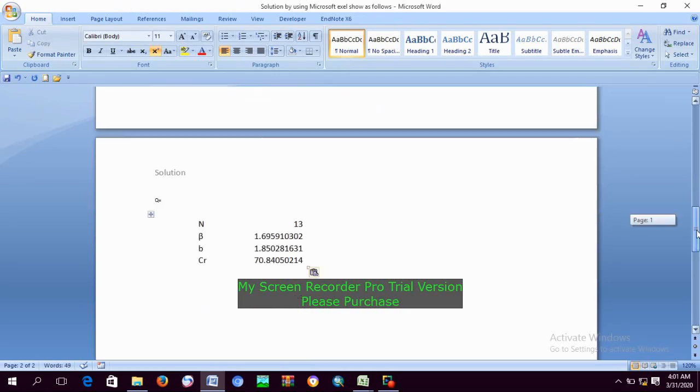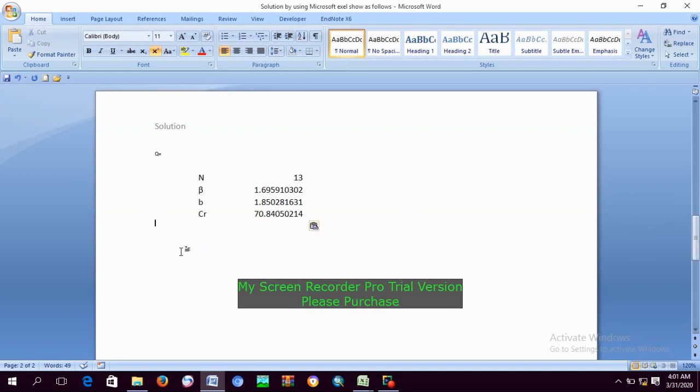Q is equal to c times (G minus a) to the power of beta.